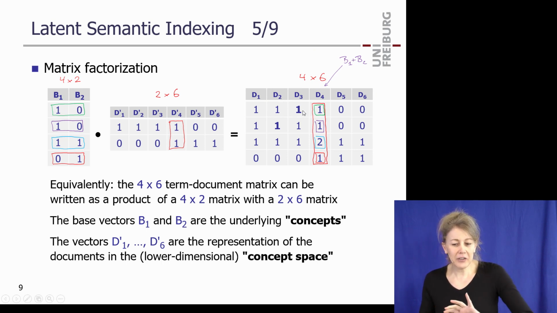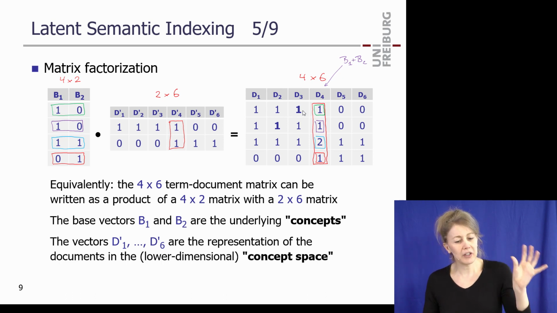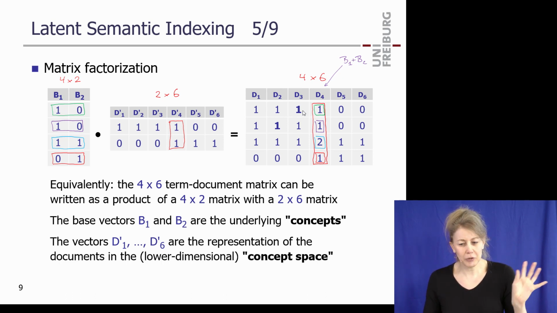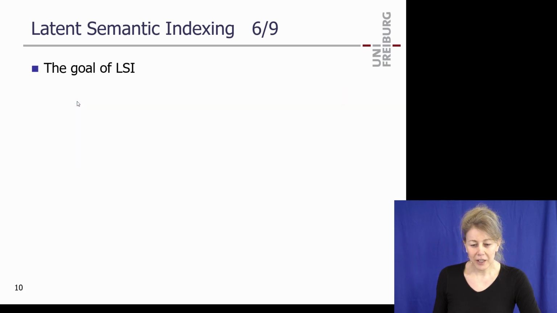The idea is that the high rank of the original matrix was actually not so much information, but more noise. For the purposes of search, we didn't really care whether web or internet was used. We want to get rid of that noise. It's good to have lower dimension. And that's a trick, by the way, which is also very fundamental to many learning methods. And this is what LSI does.